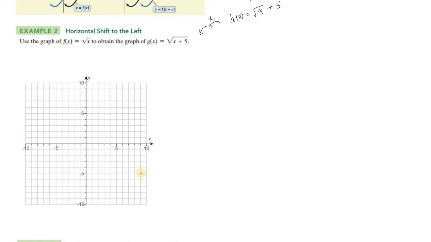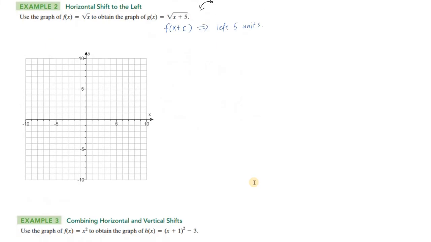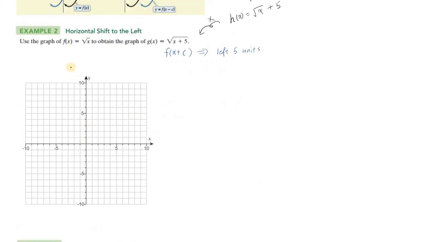So you should realize this is the form of f of x plus c, which means this gives me a move to the left 5 units. So we're basically using this rule right here. Let's go ahead and see how we graph this. So first we need to graph square root of x. You need a couple points to graph this. We can do it again, very similar: you plug in a couple points and then you find your ordered pairs.